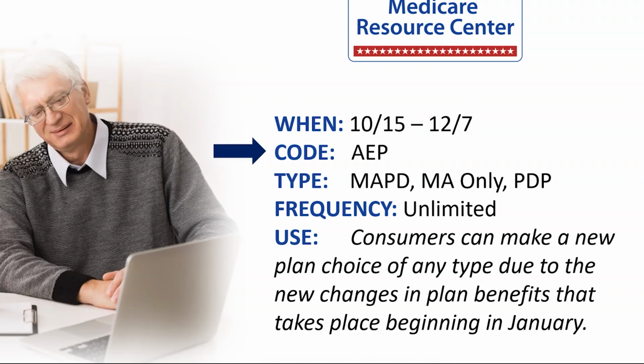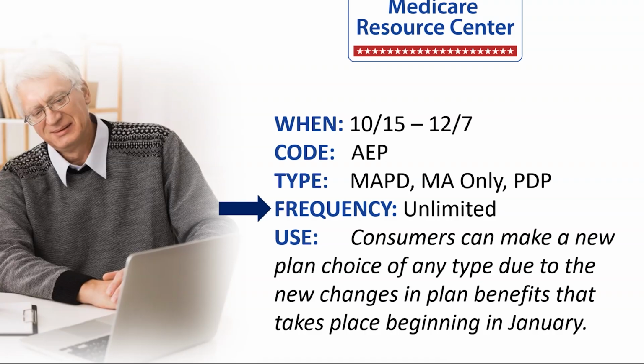The code on the application is AEP, and the type of plan that you can enroll in is under the type here. So that means during that time frame, you could enroll in a Medicare Advantage with Part D, a Medicare Advantage without Part D, or a prescription drug program. Now, the frequency over here determines how many times you can use that AEP code during that time frame, okay?